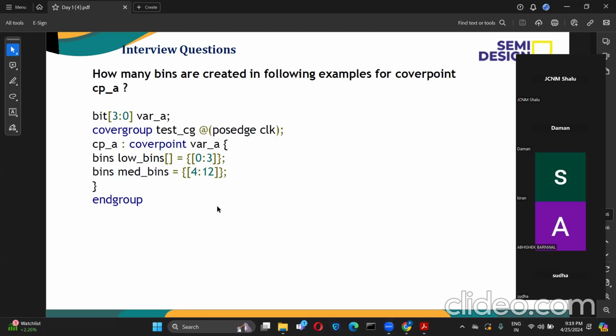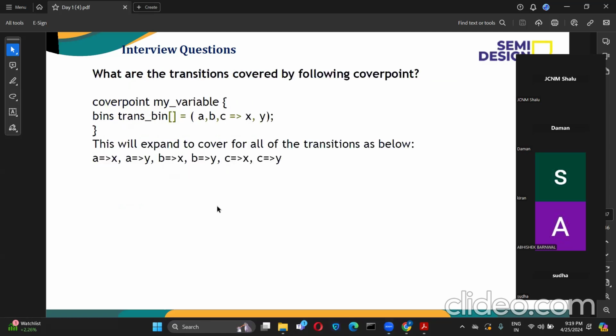Yeah, fine. Okay, thank you. So what are the transitions covered by the following cover point? Six, 3 into 2. Okay, fine. So the transition bins, we already saw yesterday, right?